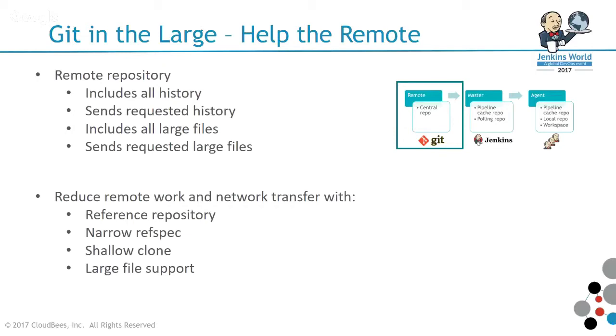What that does is provide a local cache that can ease the load on the central repository. We can use a narrow Refspec. A Refspec is a concept that Git gives us to ask for less. We could use a shallow clone. That's a way of asking for less depth. Or we could enable large file support. Each of those techniques we'll discuss in a little more detail here to give you an orientation of how any one of those four, or all four together, can help you reduce the load on your central repository.